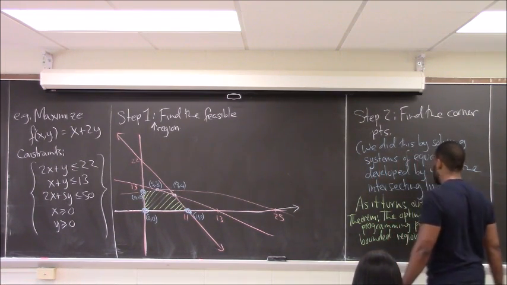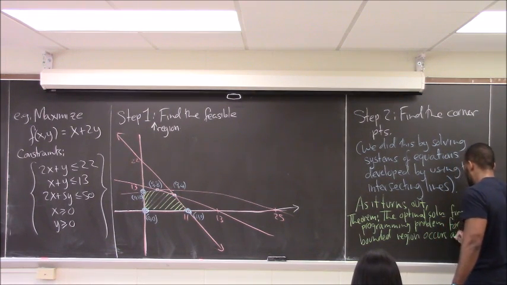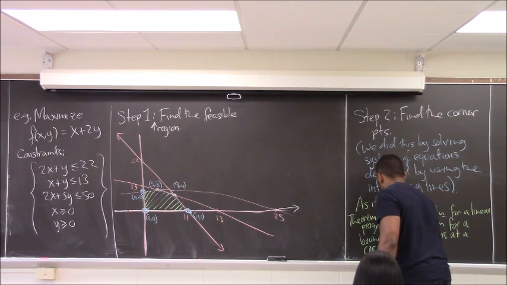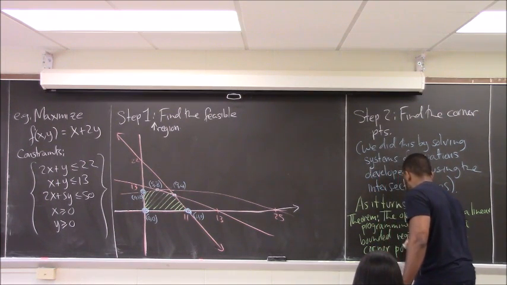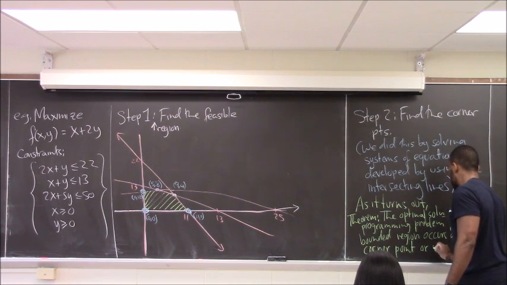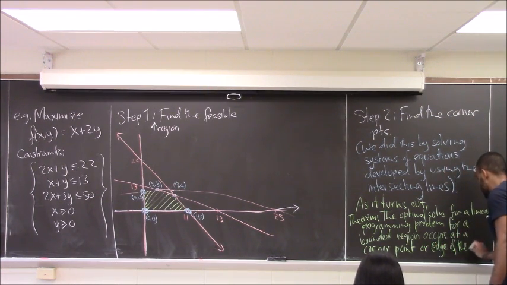Bounded region: the optimal solution occurs at a corner point or edge of the piece of the region. I'm going to justify that to you later, but right now I'm just telling you that's the answer.